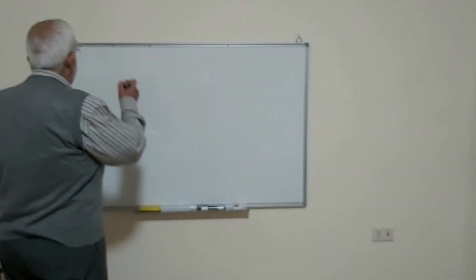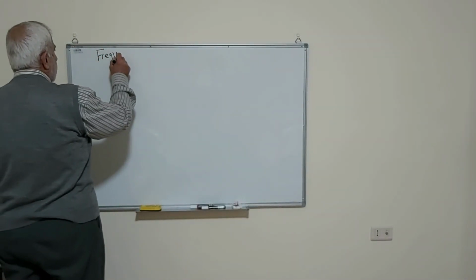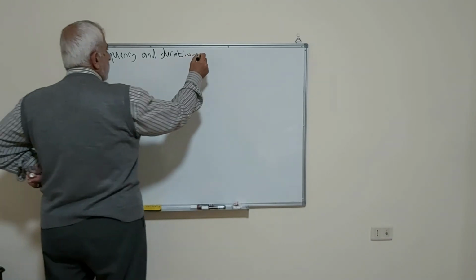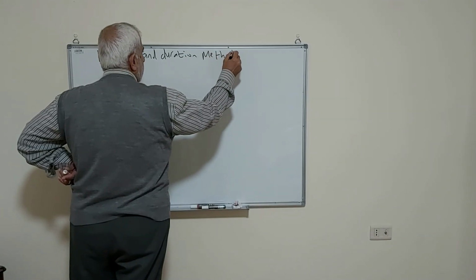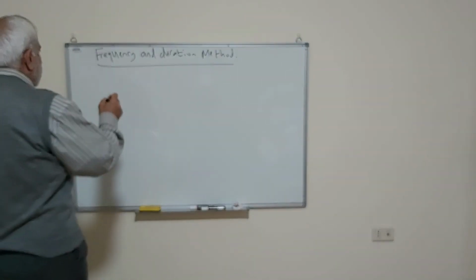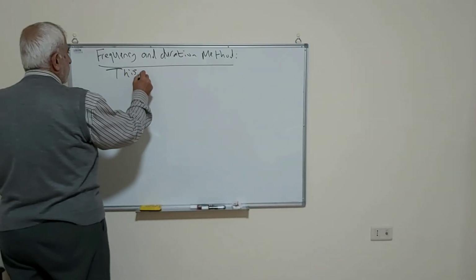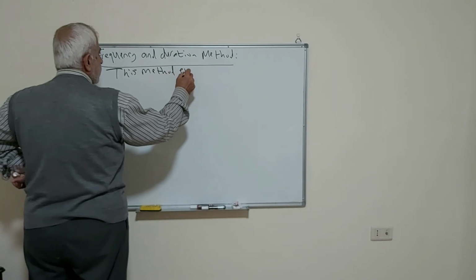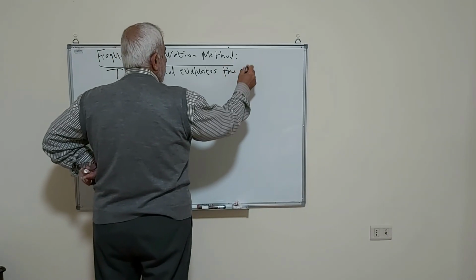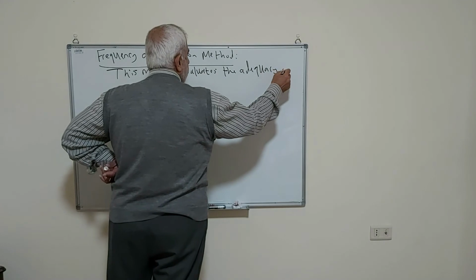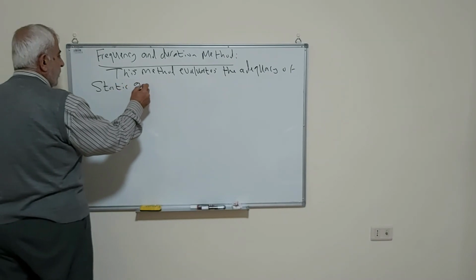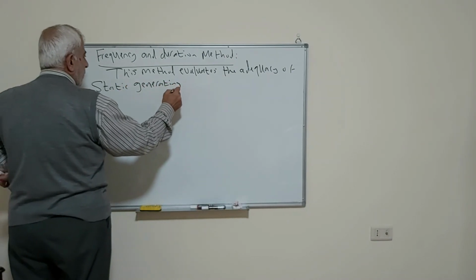Okay. Frequency and Duration Method. As we state, this method evaluates the adequacy of static generating capacity.